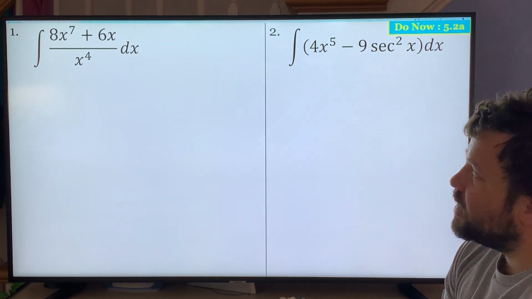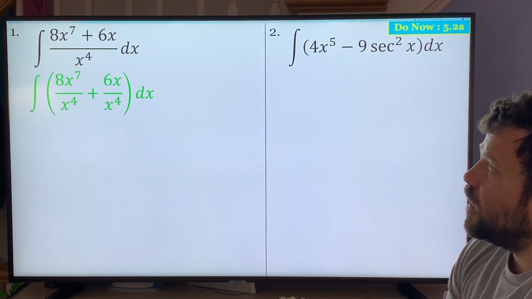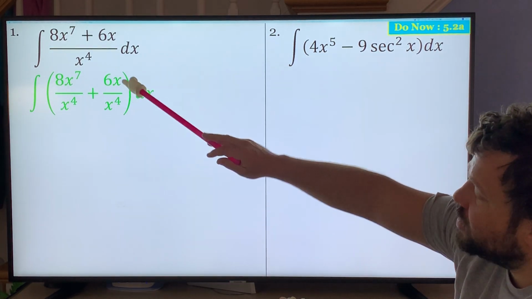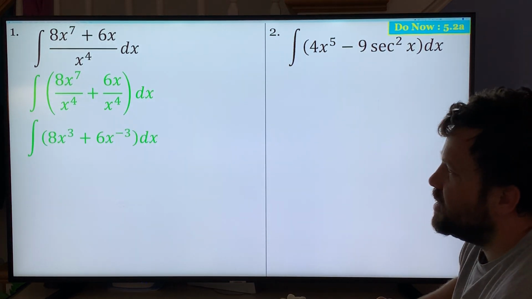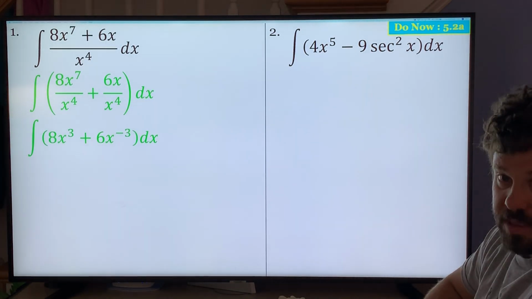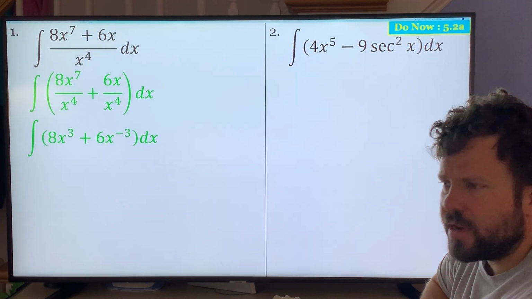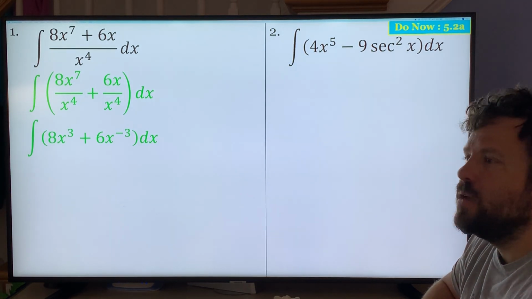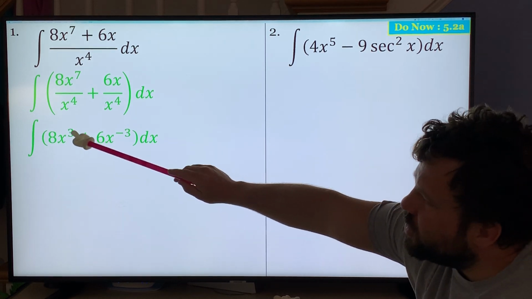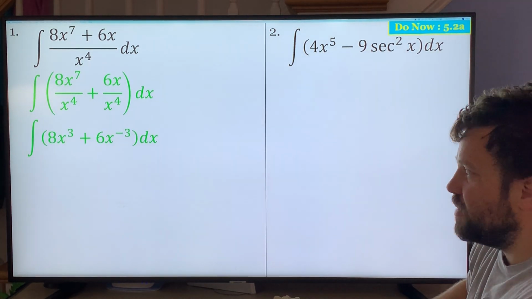First thing you should have done is reduce, dividing both of those by the denominator, which is x to the fourth. 7 minus 4 is indeed 3, so you got 8x to the third. 1 minus 4 is negative 3, so you get 6x to the negative third. Now you're going to integrate these using the power rule. In case you forgot, you take the exponent, add 1 to it, and then divide by that same number.